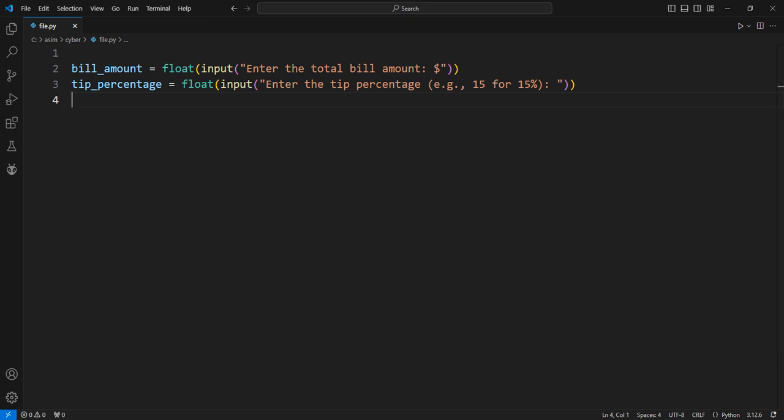We calculate the tip amount by multiplying the bill amount by the tip percentage as a decimal. The total amount to be paid is the sum of the bill and the tip.